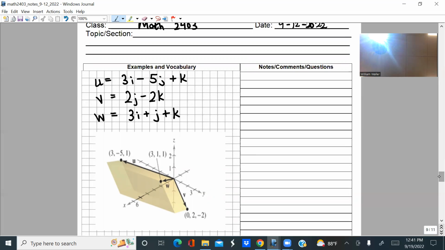And again, it's that triple scalar product. So the volume there would be u dot v cross w. I'll do those calculations and put that in the notes when I post the notes, but I'm not going to go through them here right now in class. It's just a matter of computing a cross product and then doing a dot product. So I think we've had practice with that.